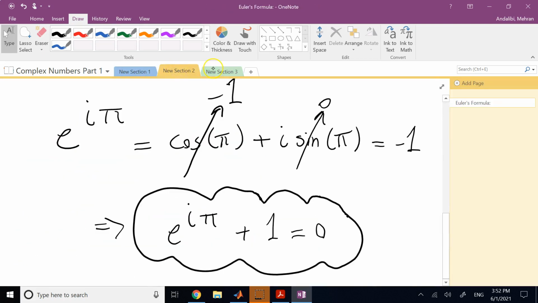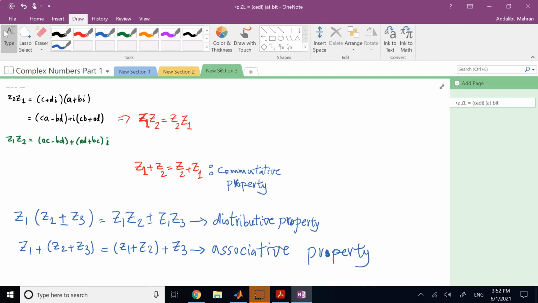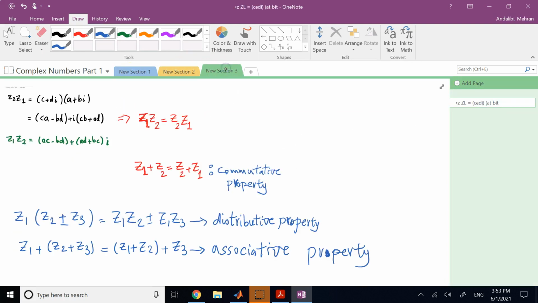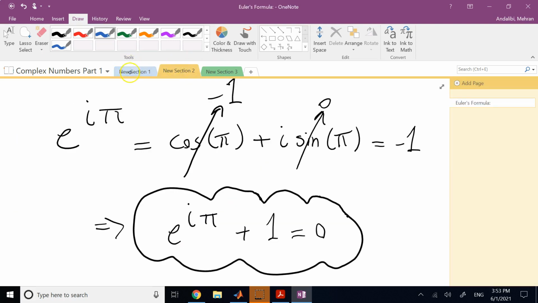Now it has a specific name when a group basically qualifies for these properties, but I don't want to make this a purely theoretic class. I want to now show you where these complex numbers have any role in real life in engineering.